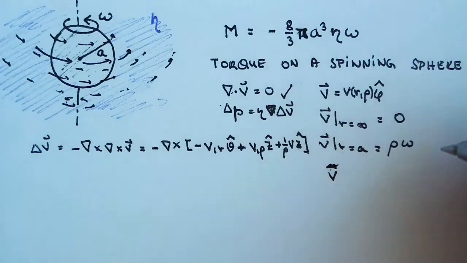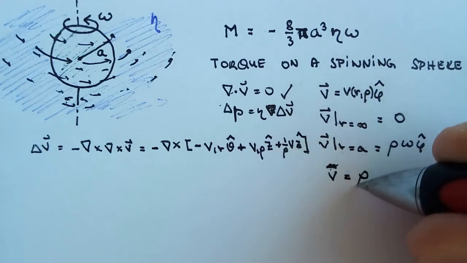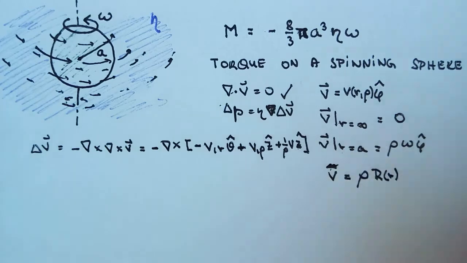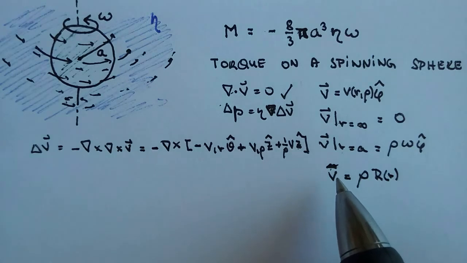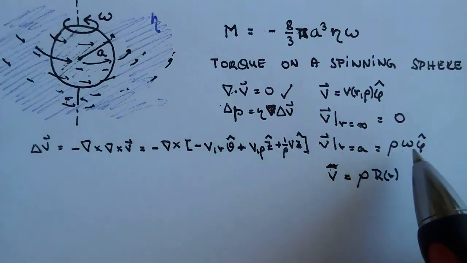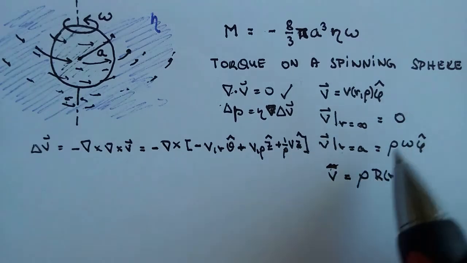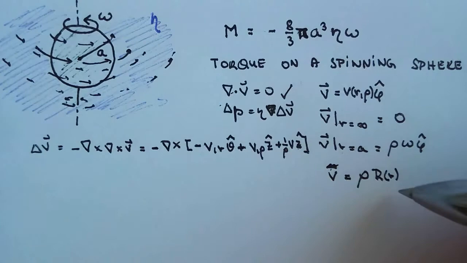The v function, oh, this should be a vector. The v function at r equal to a: let's assume it's proportional to rho only, and there is some function of r. Then v at r equal to a is exactly this, because this is constant, so it's rho times this function, which satisfies this condition.